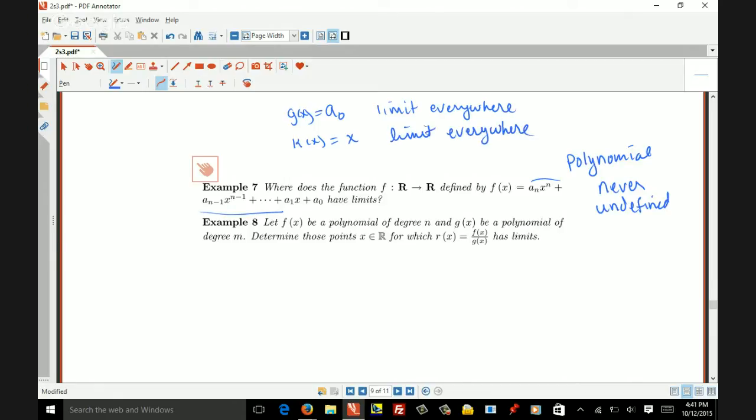Now, if you think about each polynomial function, f of x is g_0 of x, and then g_n of x, which would be our a_n, and then you're going to have k of x multiplied together n times.